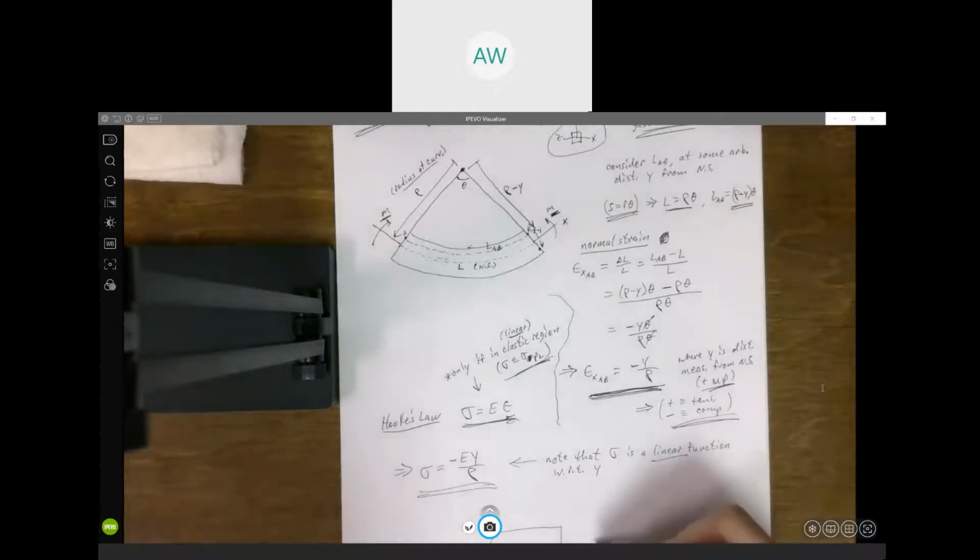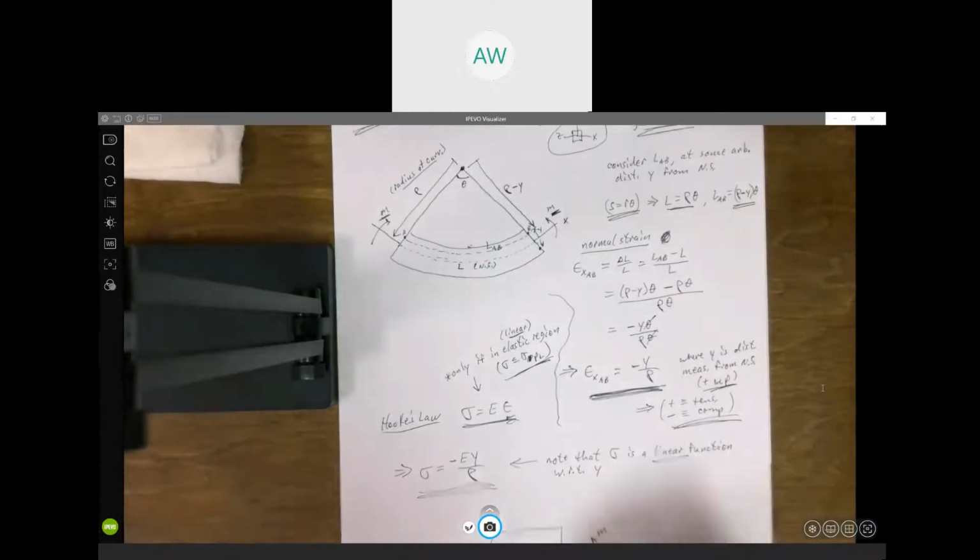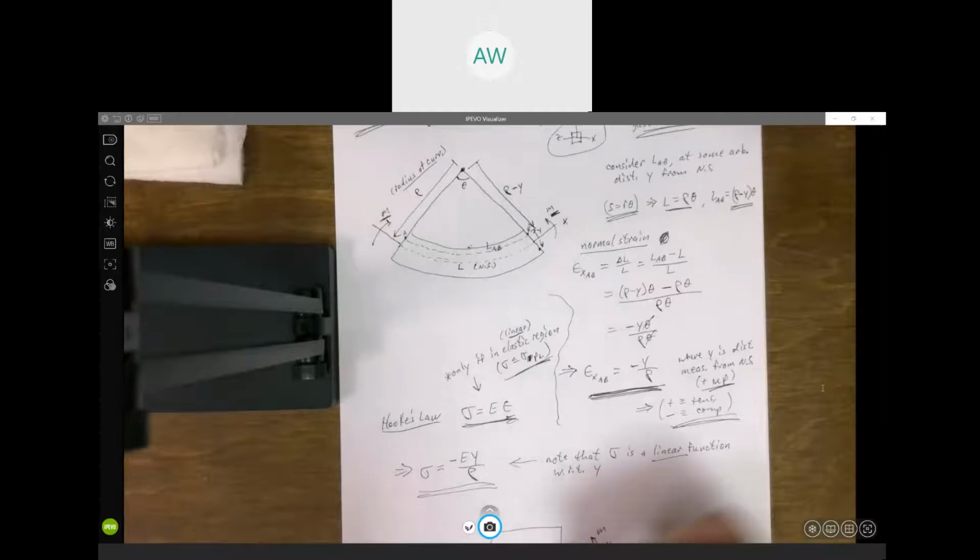If you look at this stress distribution, if we bend it this way, our neutral surface, up here is going to be compression. It's going to be pushing in on that surface. Down here below, it would be in tension. It's going to be pulling on that surface. It's linear, right? y is the distance you get away from that neutral surface.